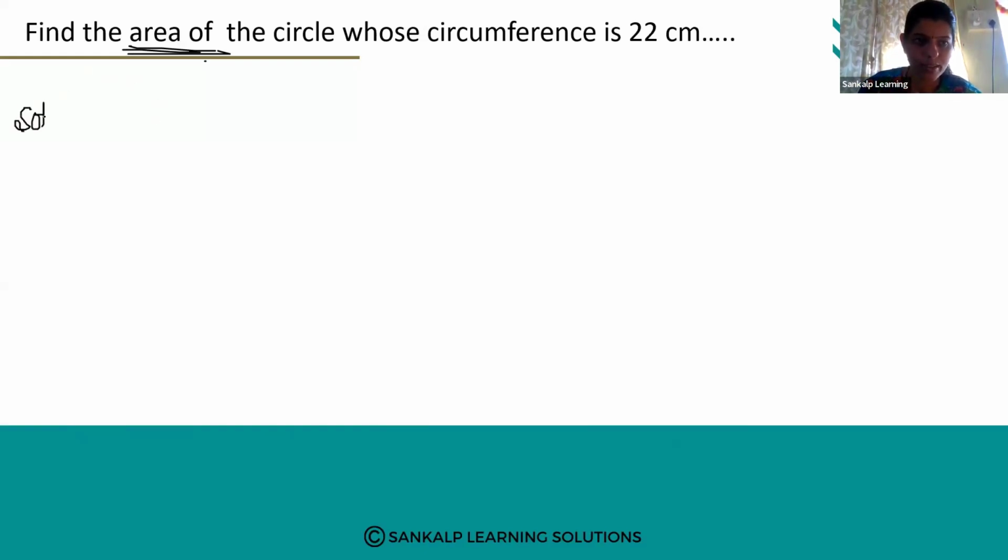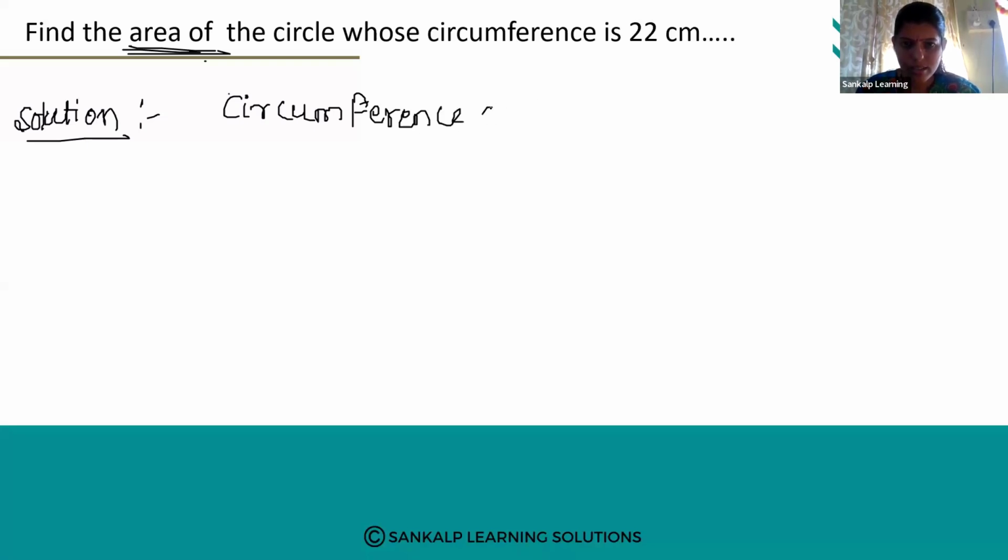Solution. Find the area of the circle. Circumference they have given, that is the circumference of the circle, 22 centimeter.